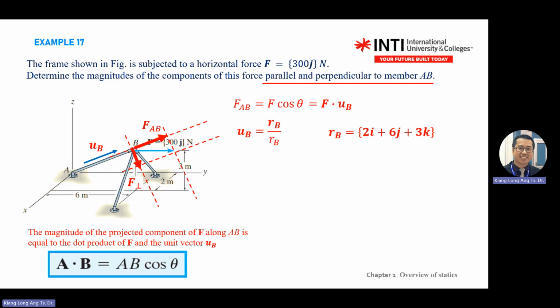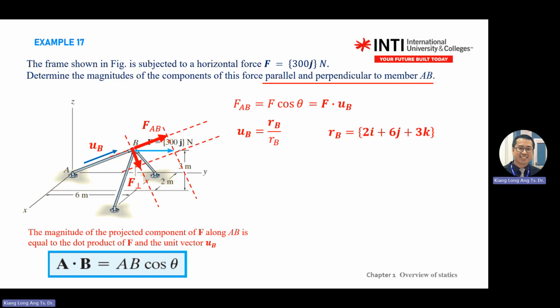How to find the magnitude? You've got a calculator, right? If you have a vector F equals AI plus BJ plus CK, how do you find the magnitude of F? A squared plus B squared plus C squared, square root, right?